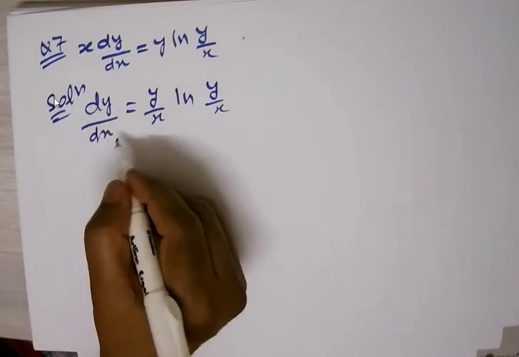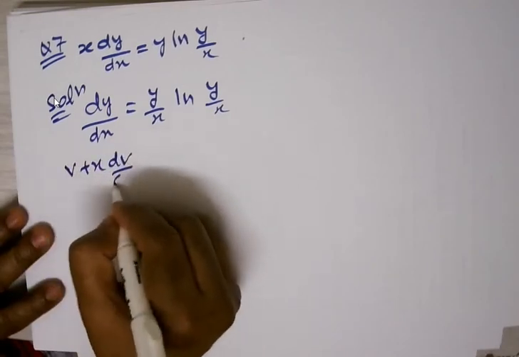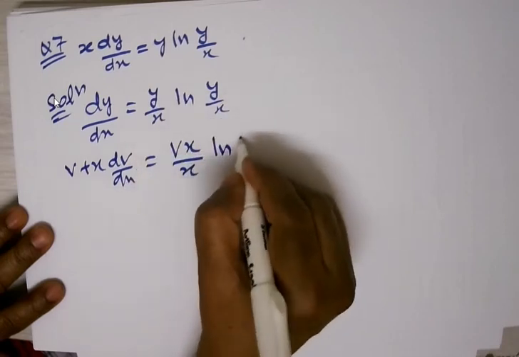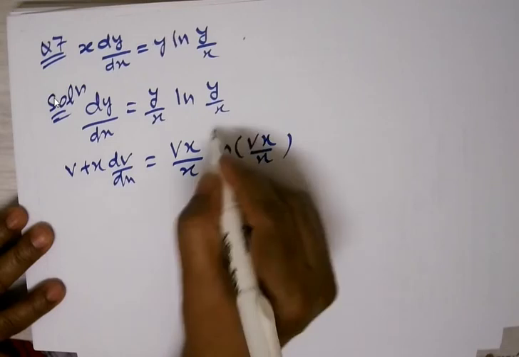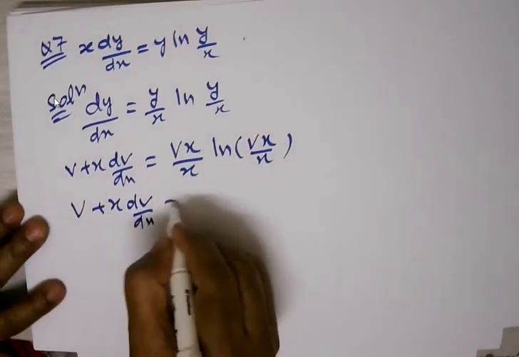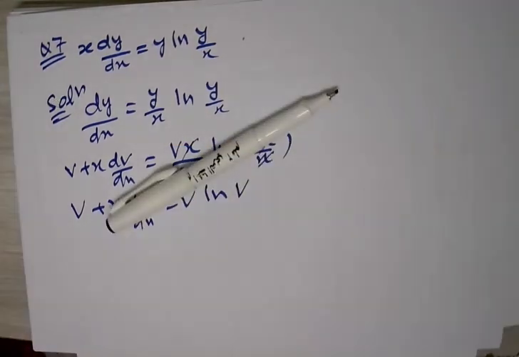Now replace dy/dx as v plus x dv/dx, and y means vx, so vx divided by x ln of vx divided by x. Now simplify it. v plus x dv/dx, cancel this one, v ln of v.